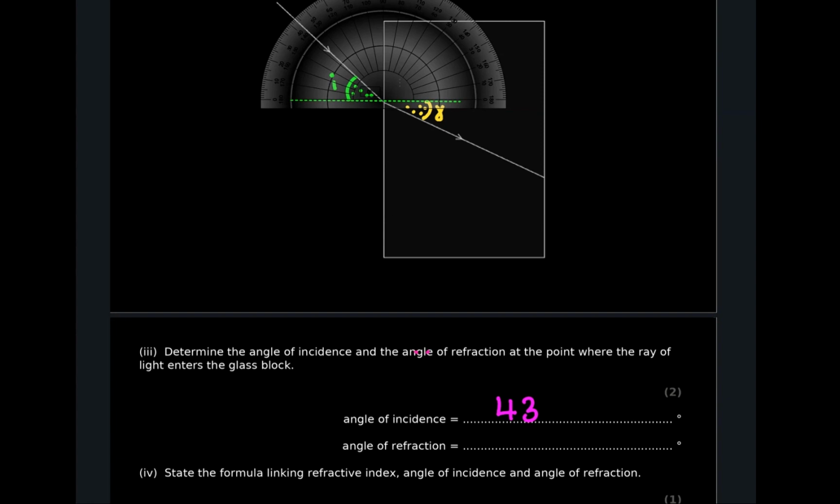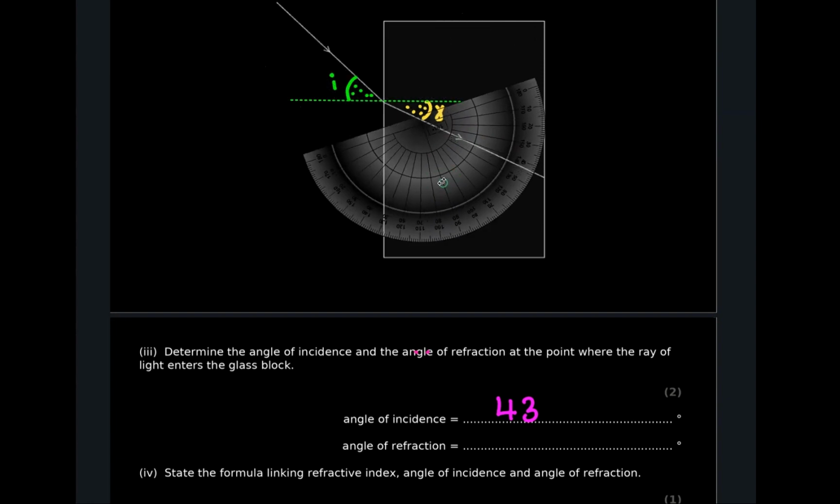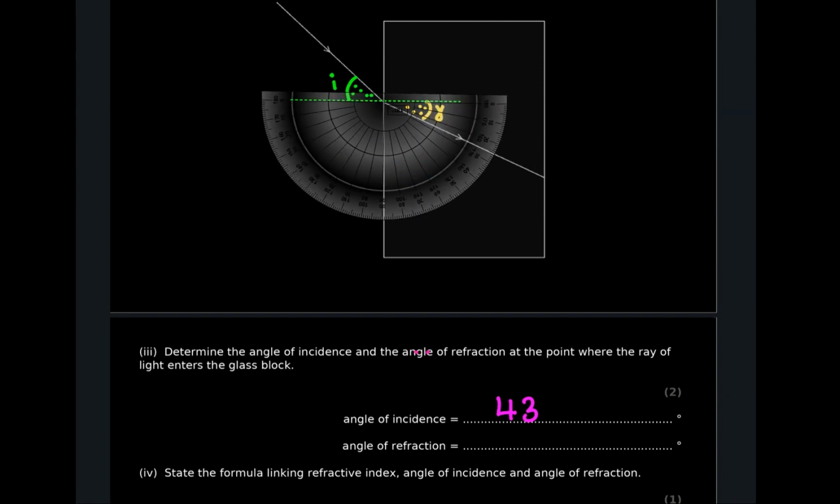We need also to measure the angle of refraction. We shall shift and adjust our protractor like that and measure the angle formed here. That angle is 25 degrees, the angle formed between the ray and the normal that is drawn there.